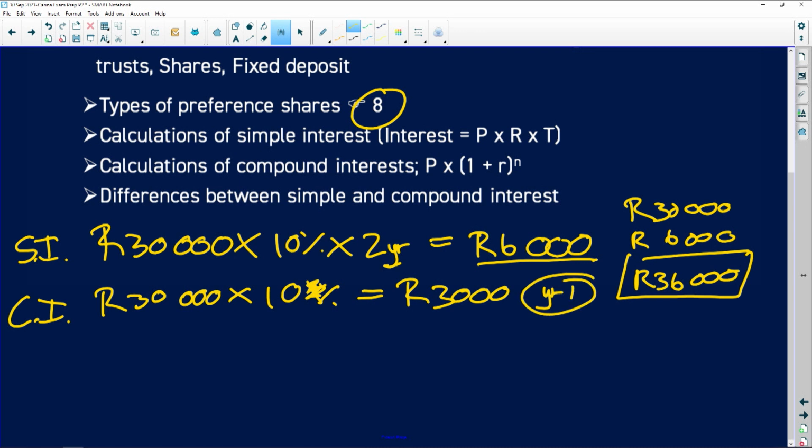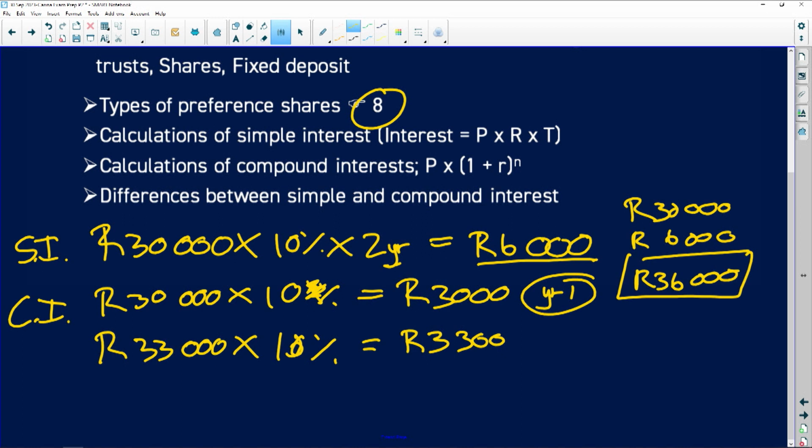When you calculate the second year, you need to take the original 30,000, add that 3,000, which then becomes 33,000, and then times it with 10%. Ooh, that 10 doesn't look like a 10 at all, but anyway. So that means that your interest is 3,300 for that year, if you just punch it in.